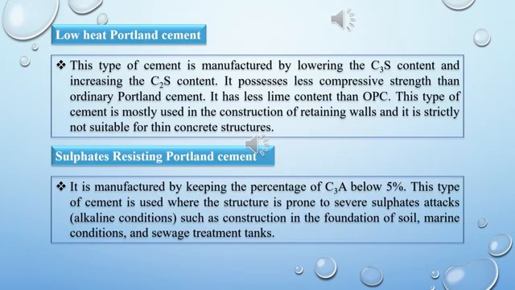This low heat Portland cement has less lime content as compared to ordinary Portland cement, and this cement is used for retaining walls and it is not used for thin concrete structures.